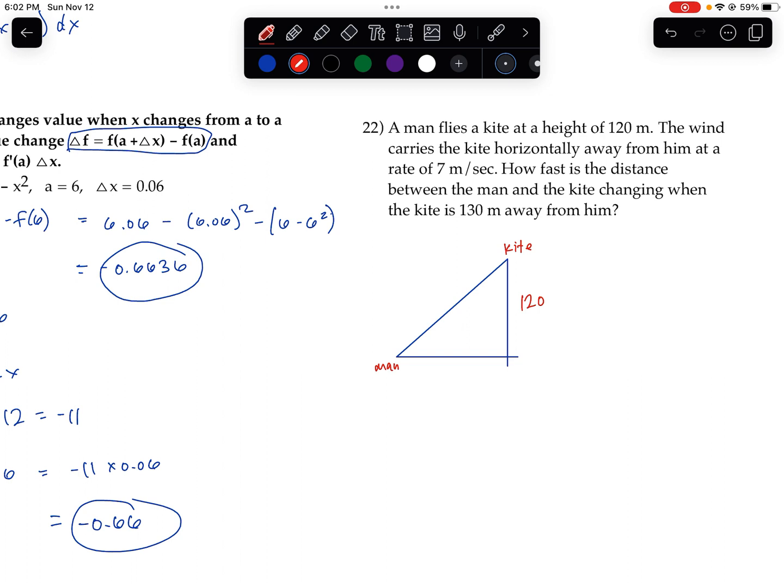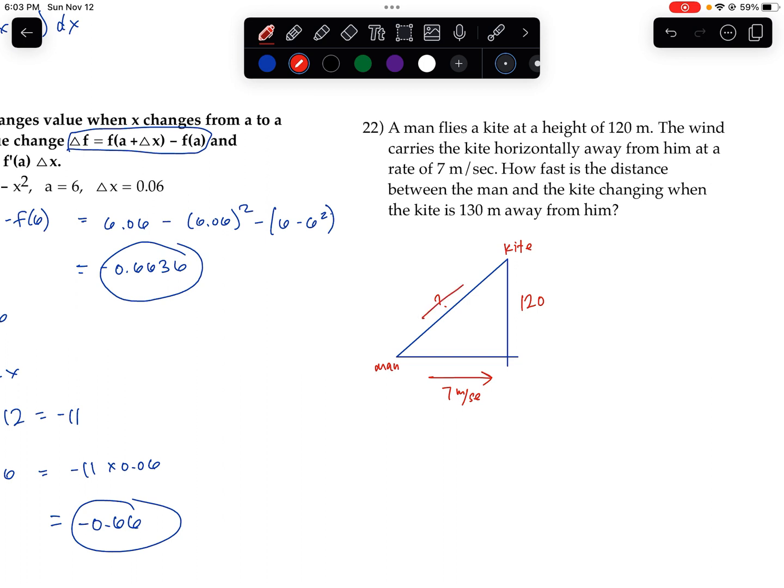Whenever I refer to a rate, I usually draw an arrow with it so I know that it's changing. So 7 meters per second. How fast is the distance between the man and the kite changing? That distance would be this one right here.